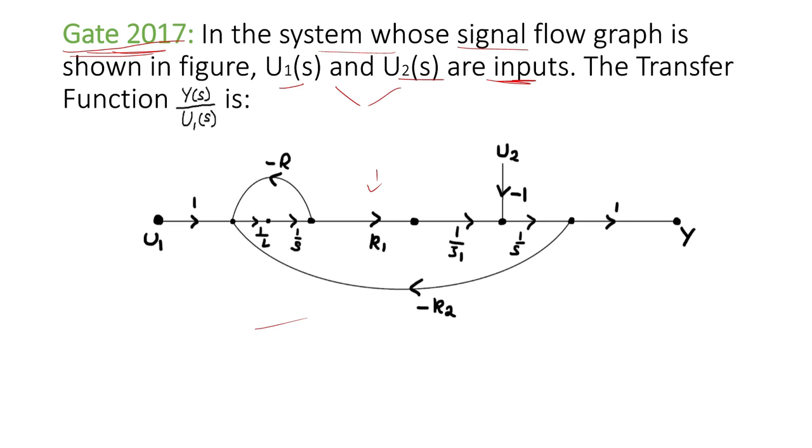So you have multiple inputs here. You have to find the transfer function Y(s) upon U1(s). Here you can see that we are considering only one output and one input. Therefore, we will make the other input equal to 0 for our calculation of this transfer function.